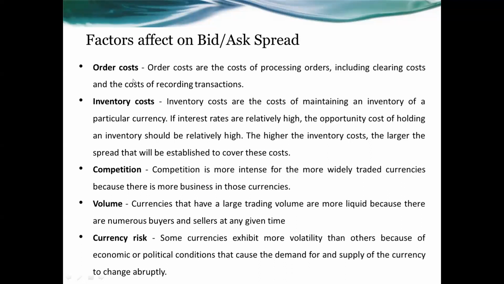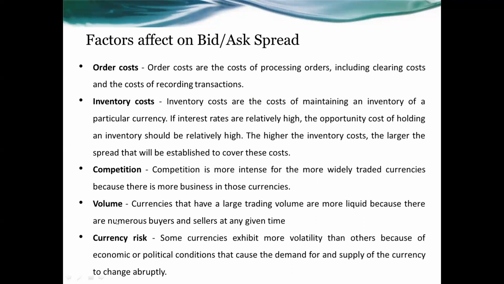So order cost can be included, and that results in the bid and ask spread. Another thing is inventory cost. And competition is also there. Some trading currencies have high demand, and some have low demand, like the Sri Lankan rupee. Based on that also, the bid and ask spread occurs.